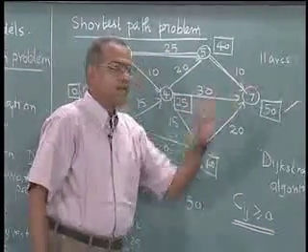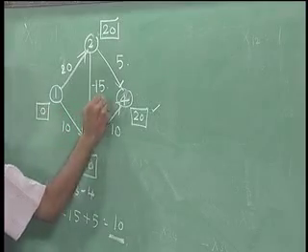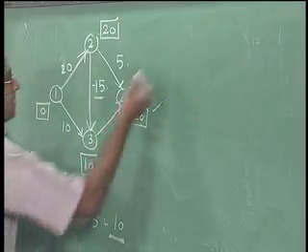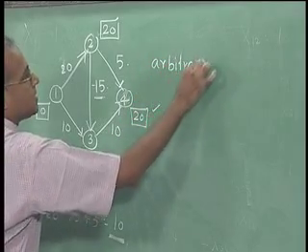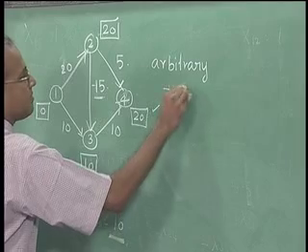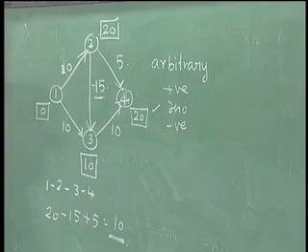Now can we modify the shortest path algorithm if we have these negatives? Such problems are called shortest path problems with arbitrary cost. An arbitrary cost would mean either a positive or a 0 or a negative cost. Yes, we can modify this algorithm.